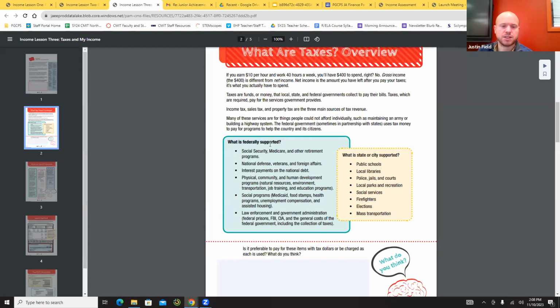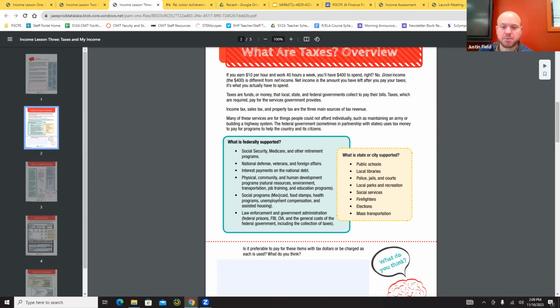What is federally supported? So here are some things that your federal taxes pay for: Social Security, Medicare, and other retirement programs. National defense, veterans, and foreign affairs, interest payments on the national debt, physical, community, and human development programs, natural resources, environment, transportation, job training, and education programs.